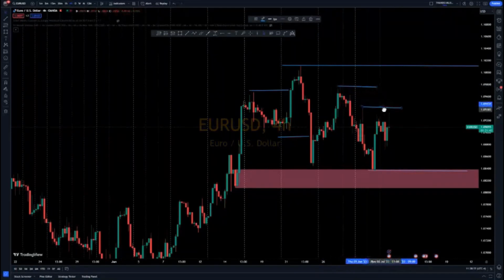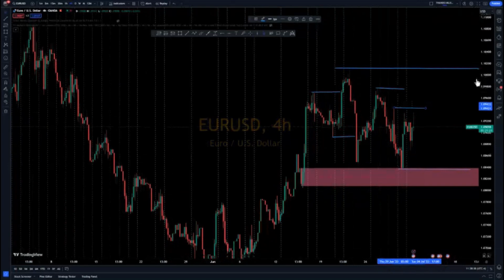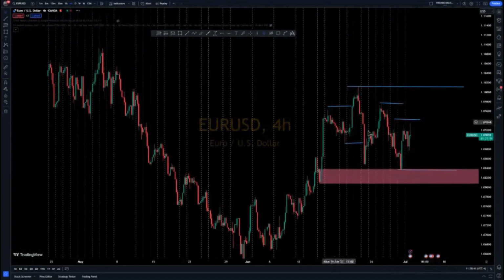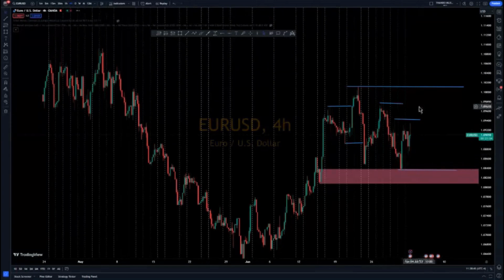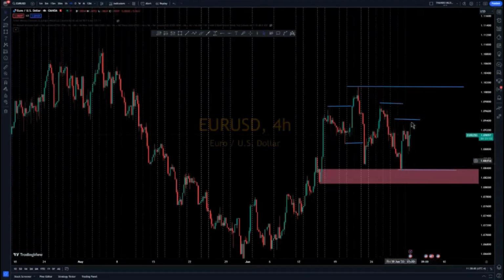If we break up that high and a candle closes above it, then we know a change of character has happened, and we need to look for a trade somewhere here, maybe, because this is a filled fair value gap, and we'd be looking to go in the upward direction. According to the H4 time frame, we have a change of character, and it looks like we're still going down. Remember, we're following bigger and smaller time frames, so we'll look at buying up into this area.